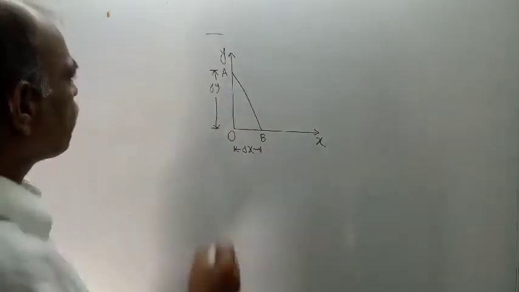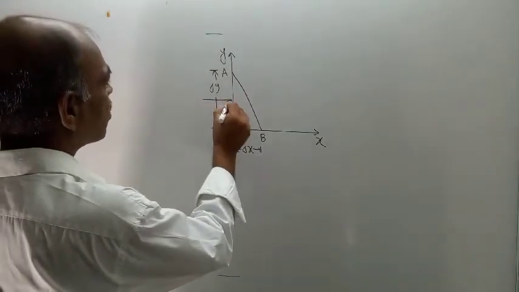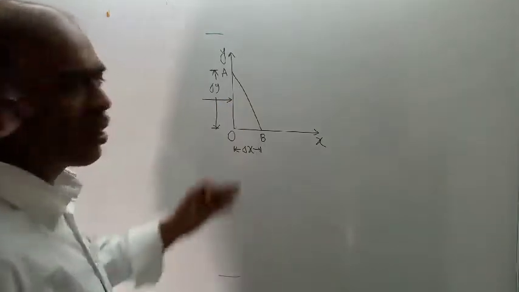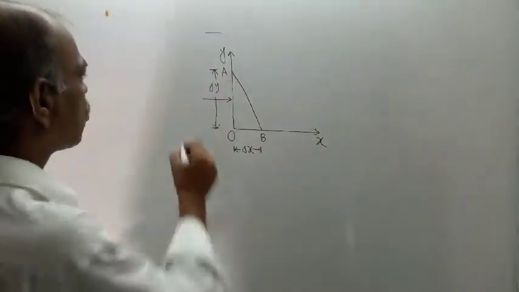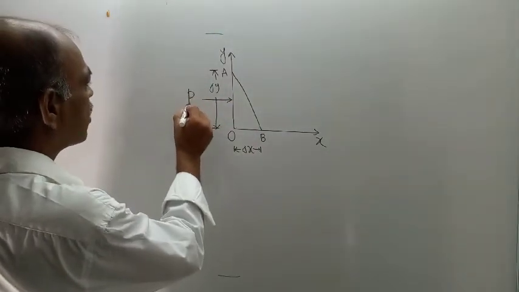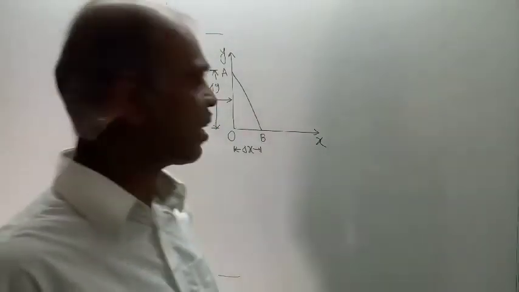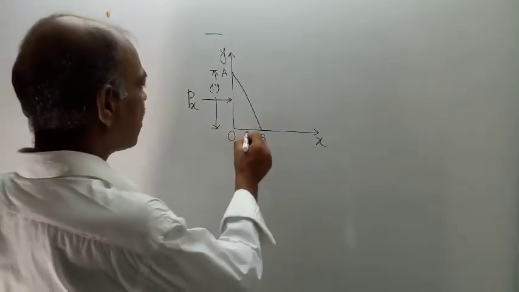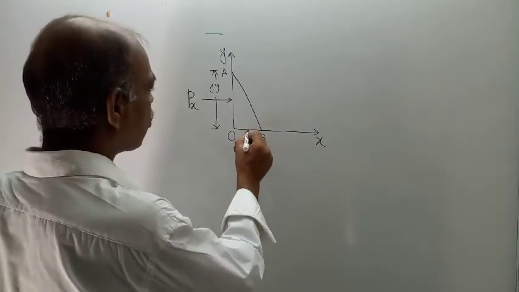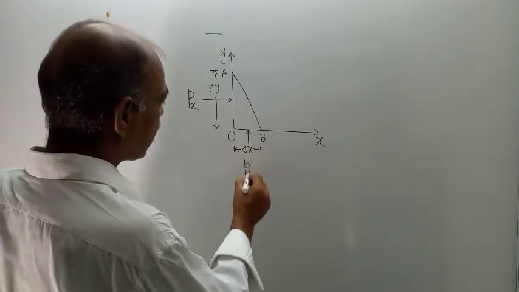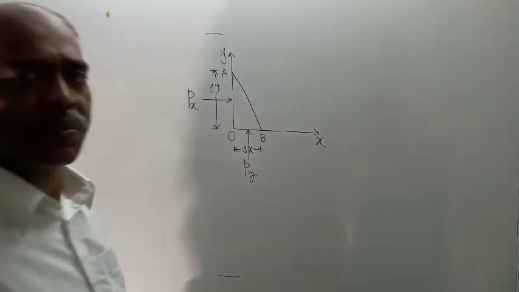And suppose this is the direction of x, so in this direction, pressure is denoted by P suffix x. And here, in the direction of y, pressure is denoted by P suffix y.